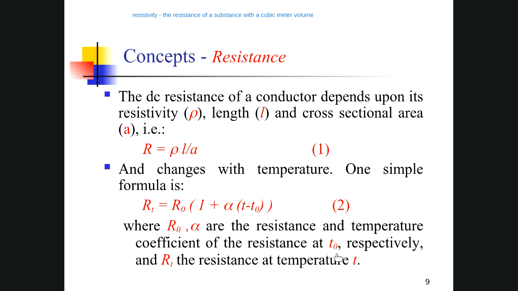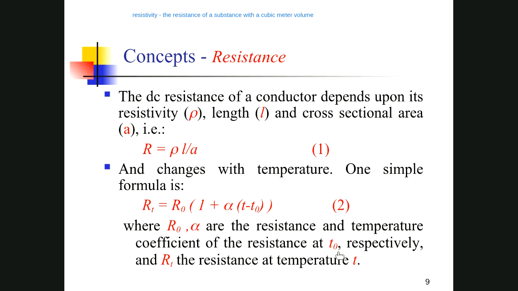If you measure the resistance at T0 as 1 ohm, and when the temperature is T you get another value, then the resistance difference over the temperature difference is the temperature coefficient at temperature T0.